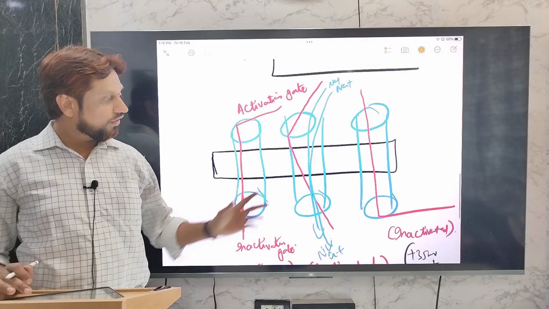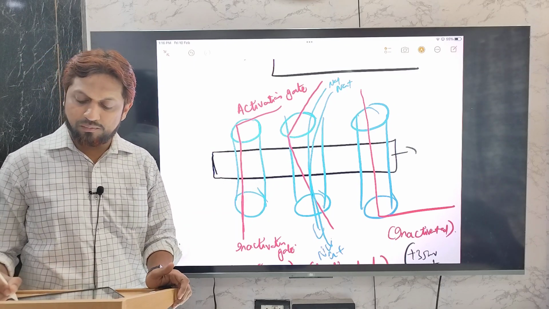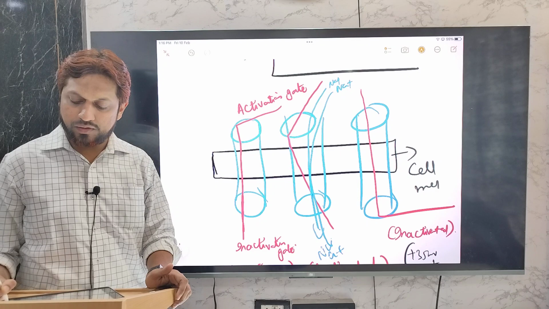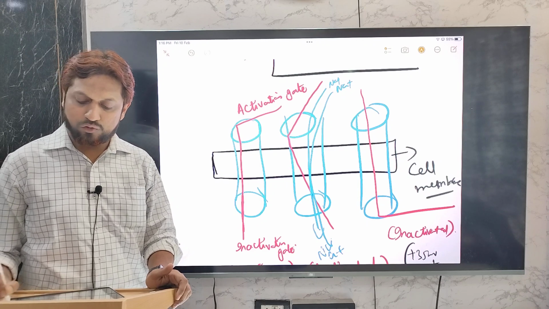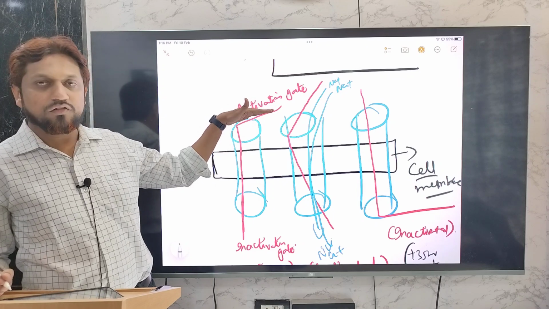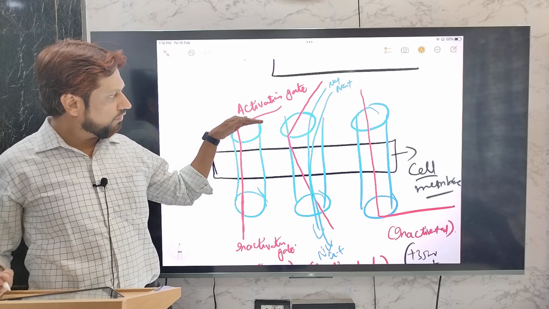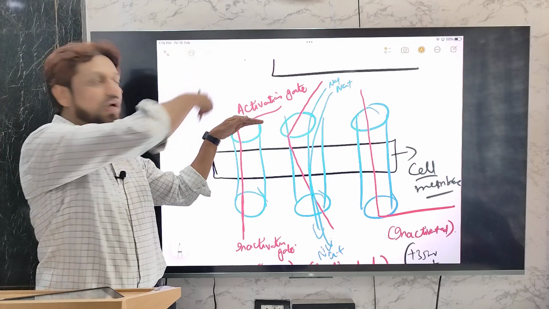So these are the sodium channels present on the cell membrane. At the resting condition, the activation gate is closed and the inactivation gate is open, so even then the sodium ions can't enter.